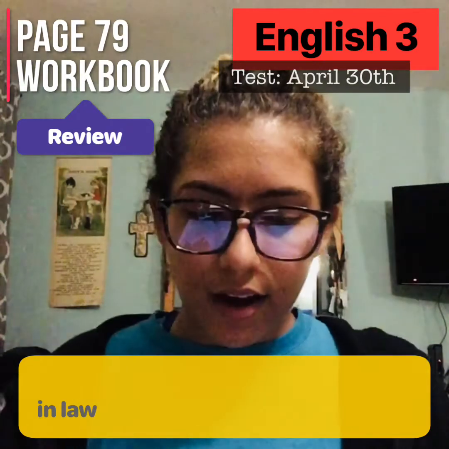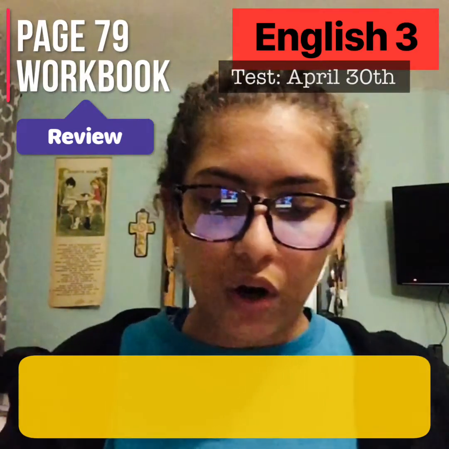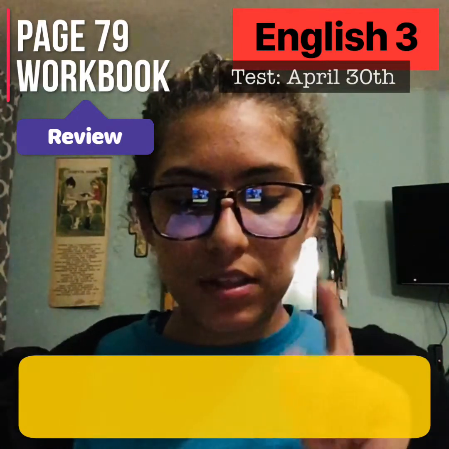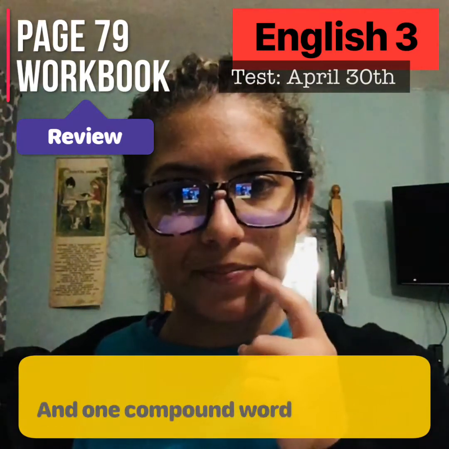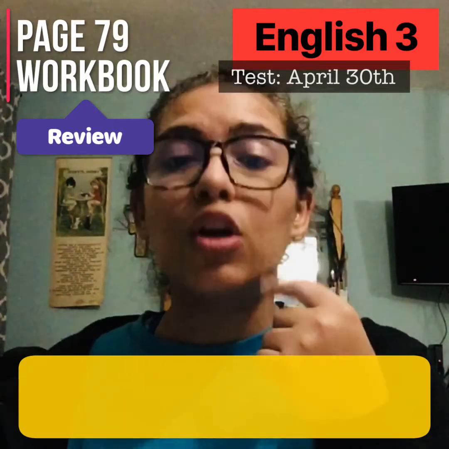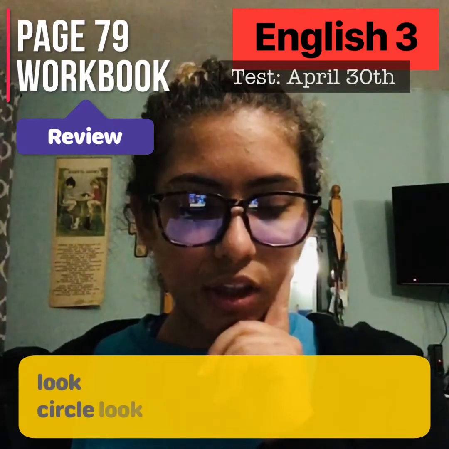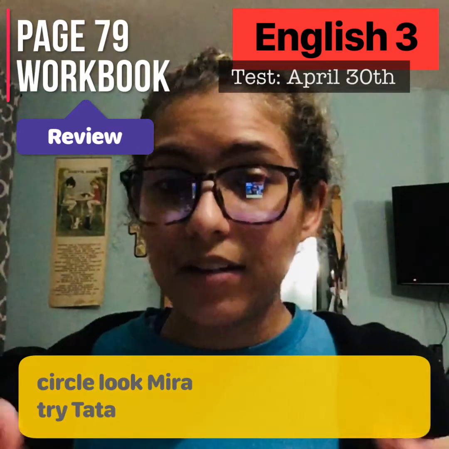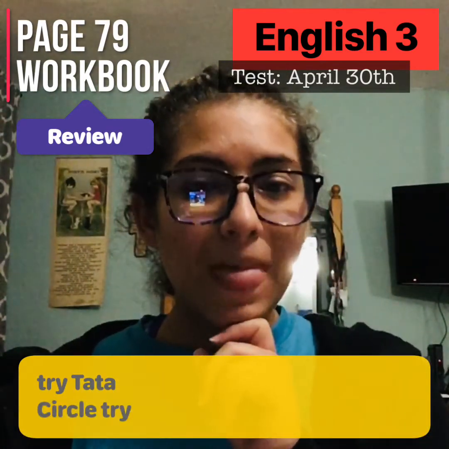And last sentence, we look at the sky, the moon, and the stars, and we try to catch fireflies. So you have 3 verbs and 1 compound word. Look, circle look, mirar. Try, tratar, circle try.